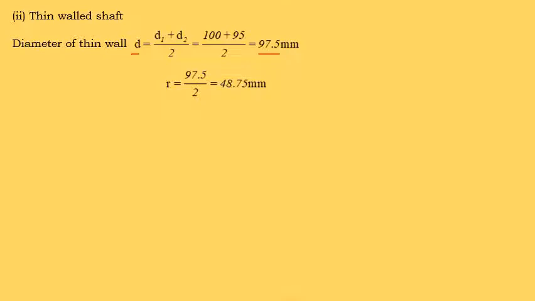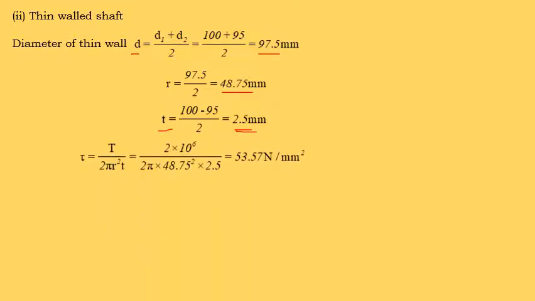Then radius. So radius of the thin wall can be determined by dividing the diameter by 2. That is 97.5 by 2, 48.75 millimeter is the radius of the thin wall. Next, to find the thickness of the wall, we have to subtract minor diameter from major diameter and divide it by 2. So it gives 2.5 millimeter. This is the thickness of the thin wall.